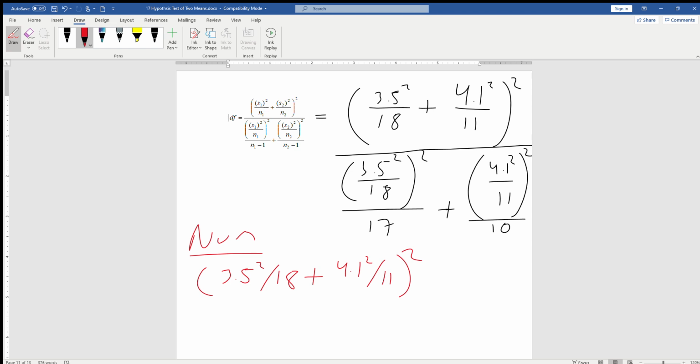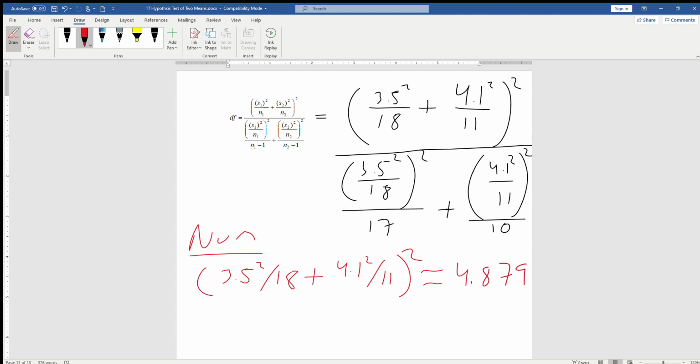So I'm going to type that into my calculator, and that's going to be our numerator. Just give me 1 second while I type it in. If you want to type it in at the same time, just to make sure you get the same answer, I ended up with 4.879 for my numerator.